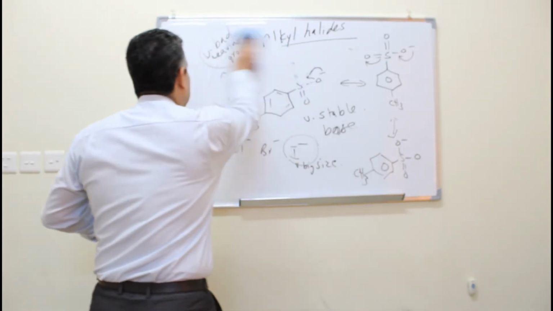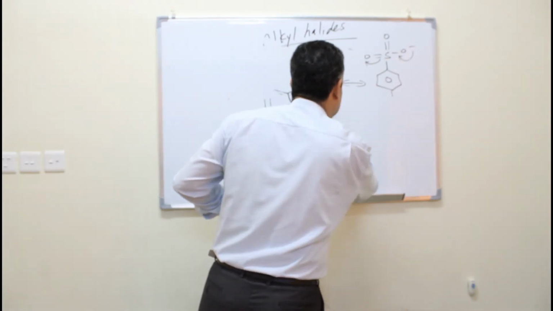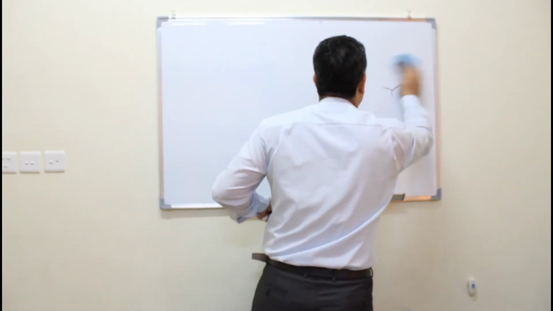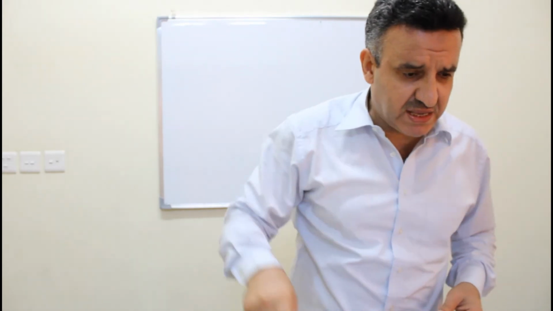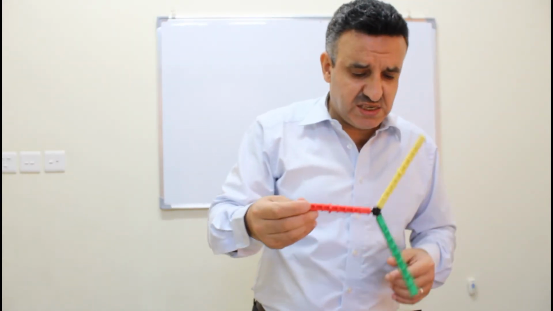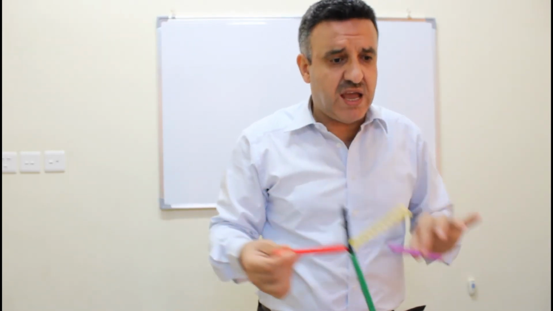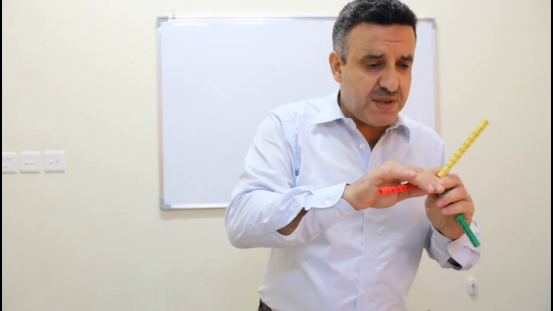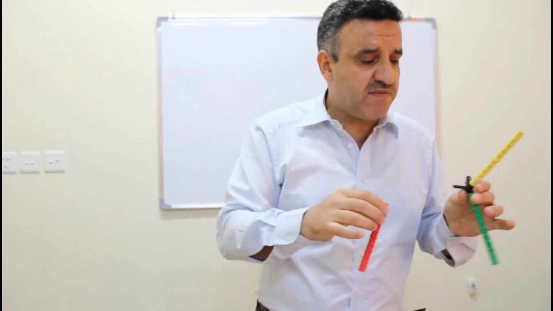The Sn1 reaction is a two-step reaction mechanism. In other words, we get the nucleophile displacing the leaving group, but in two steps. In the Sn2, bond breaking and bond making happen at the same time. But in the Sn1, first the leaving group leaves: the bond between the carbon and the halogen breaks.